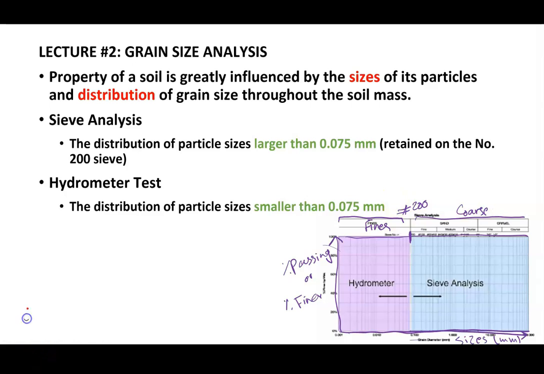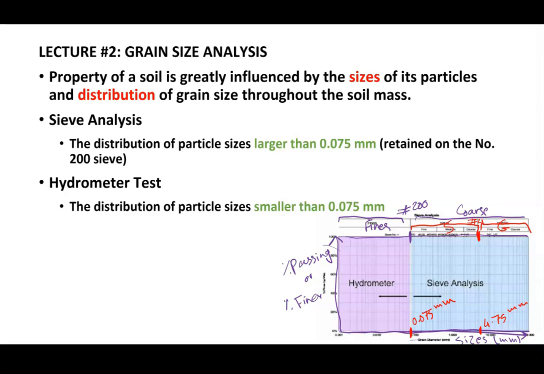And as we mentioned earlier, this is sand, this is gravel, and this is sieve number 4. So here we have 4.75 millimeters, and here we have 0.075 millimeters.